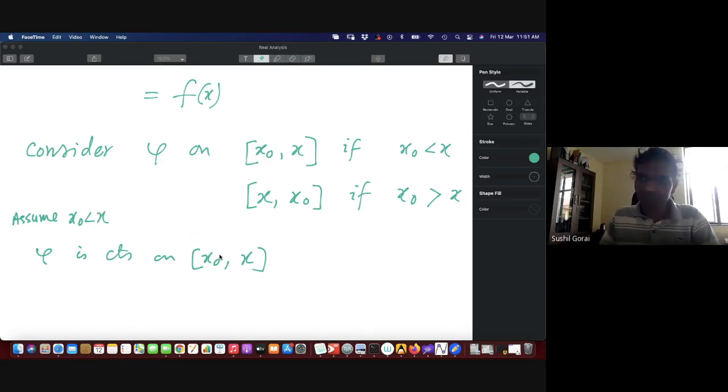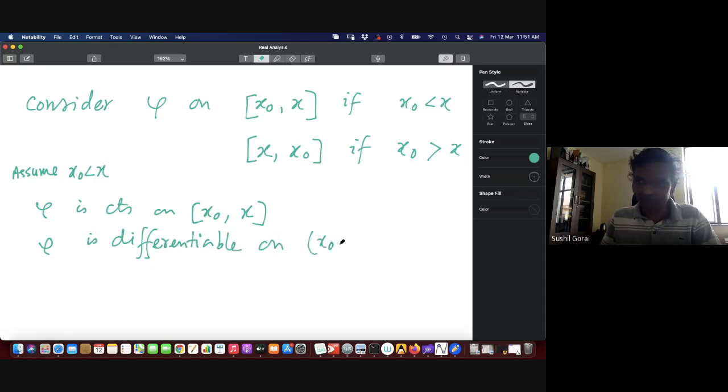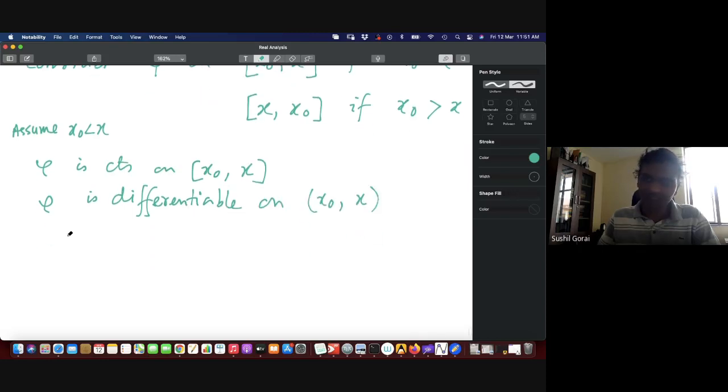And so phi is continuous on [x naught, x], phi is differentiable on (x naught, x), and phi of x equal to phi of x naught.